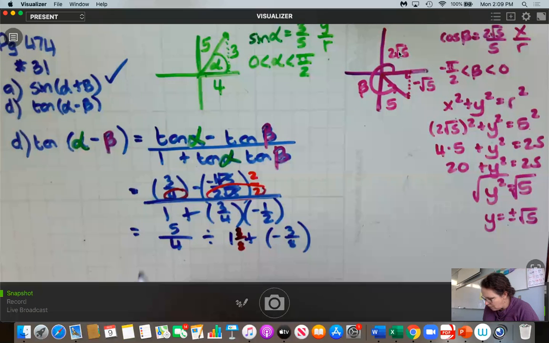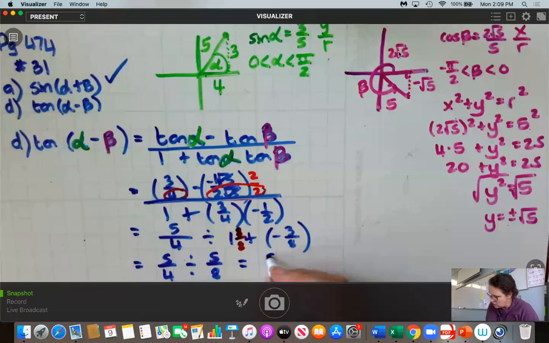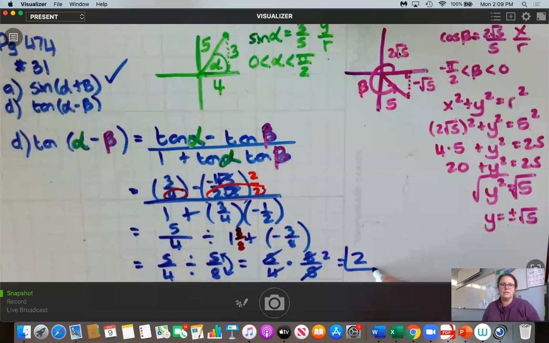I'm going to have 5/4 divided by 8 over 8 plus negative 3 over 8, which is going to be 5 over 8. And I can now change this division into multiplication. Multiply by the reciprocal of that, which would be 8/5. The 5s can cancel, 4 can go into 8 twice. And so all of this simplifies to a nice, simple 2.